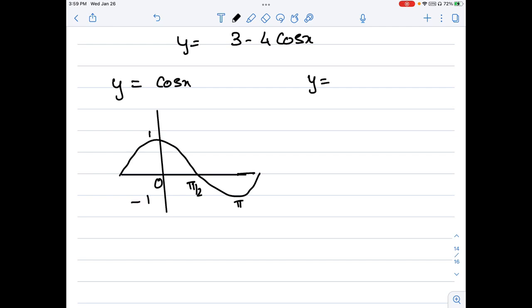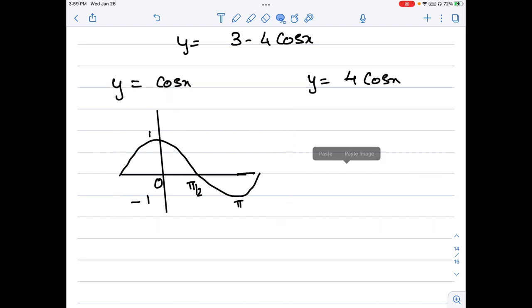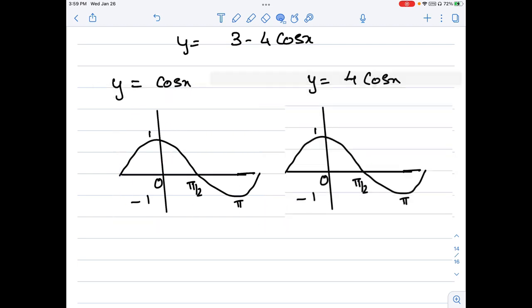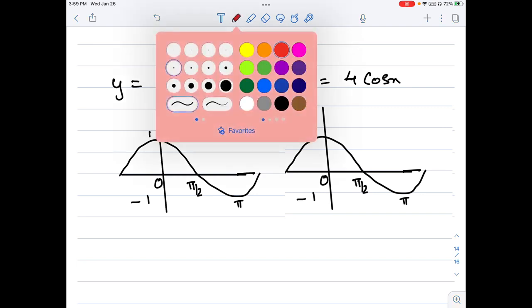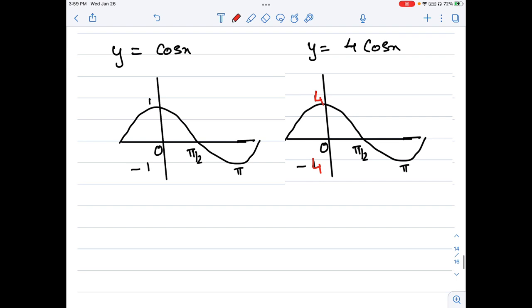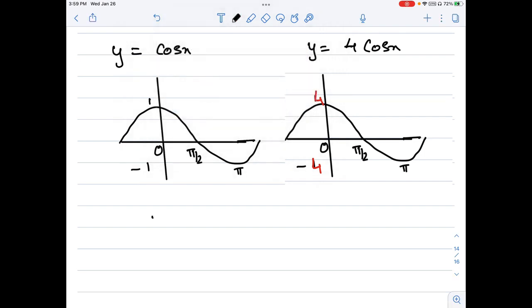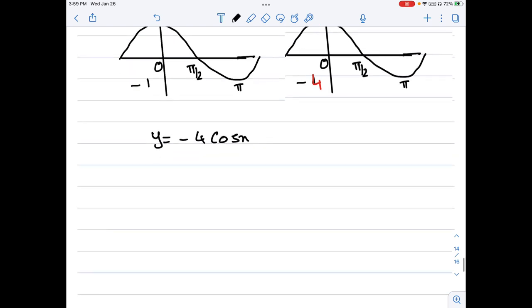Now I want 4 cos x. What can I do? I can copy this one and make the numbers 4 and negative 4. Now I want y equal to negative 4 cos x. What can I do?